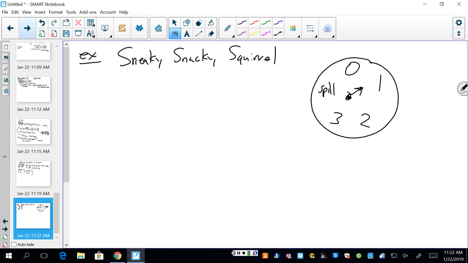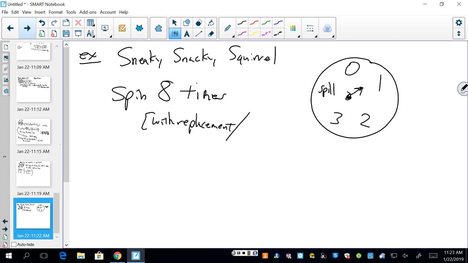You spin the spinner. If it lands on 1, you get to pick 1 off the tree. If it spills, then you have to put it back over and start again. Now let's say you spin 8 times. It's with replacement because you can repeat the numbers, so repeats are possible.